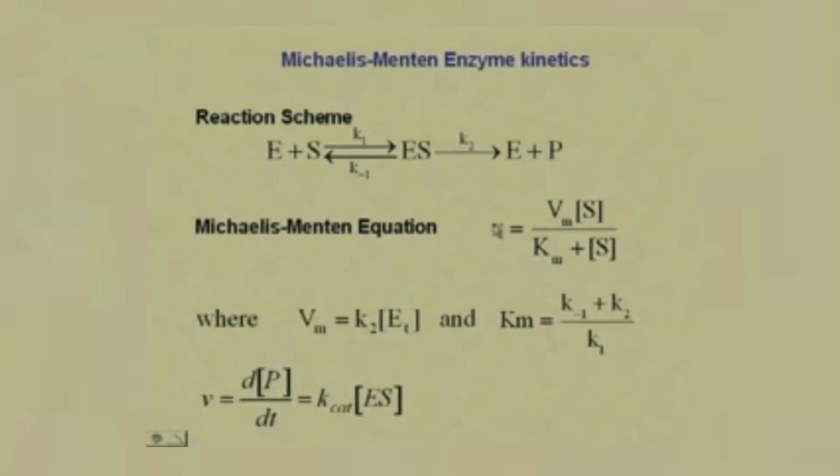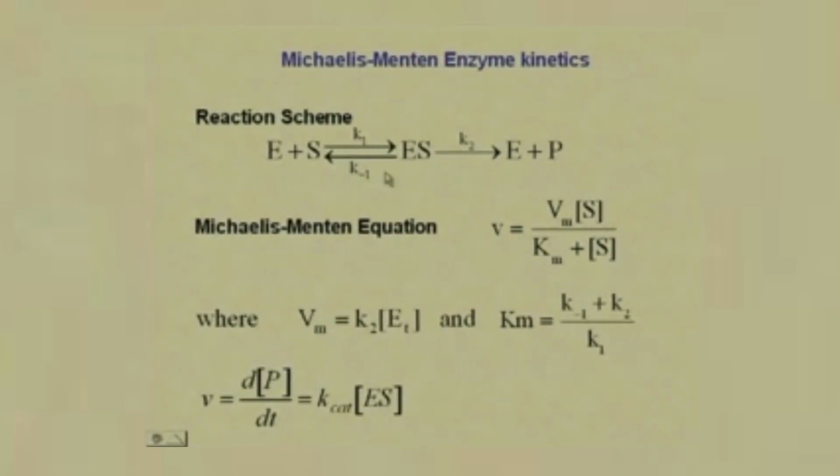works out to what is called the velocity of the reaction with a V max. Now, this V max, which is also written as Vm, is the maximum velocity that the enzyme can attain considering the total enzyme concentration.